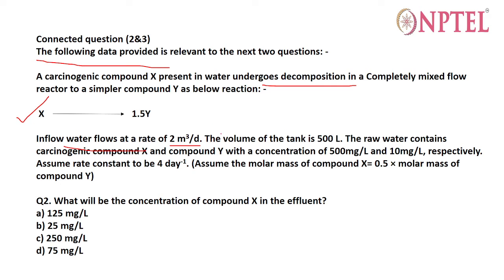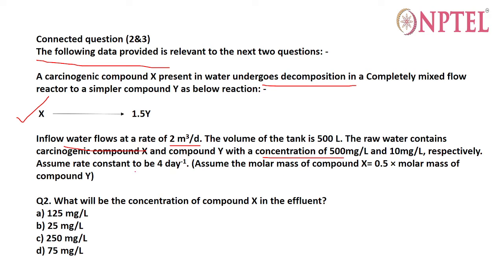And also there is volume. You can see the raw water contents. So the volume of the tank is given, the inflow rate is given as 2 meter cube per day, and the concentrations are also given for X and Y compound.